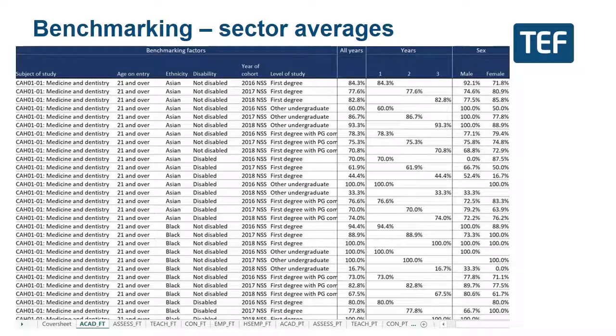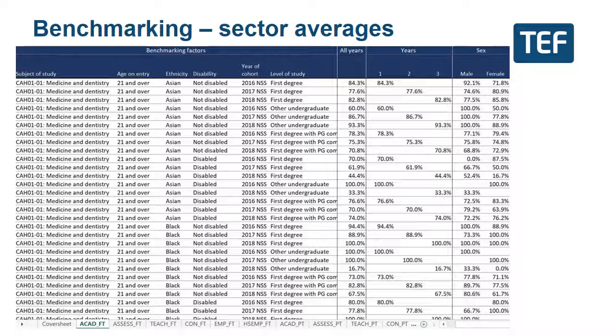In each tab, in each worksheet, the first few columns show the different benchmarking factors that define different types of students. In this screenshot, I've hidden some of the ones that don't apply to the NSS. And if we look at the top row of this particular worksheet, you can see that we're looking firstly at students in medicine and dentistry who are 21 years old and over, who are Asian, who are not disabled, and who are studying on a first degree course.